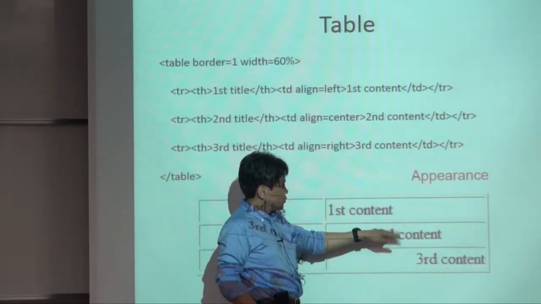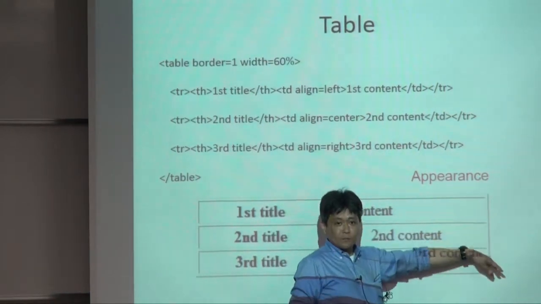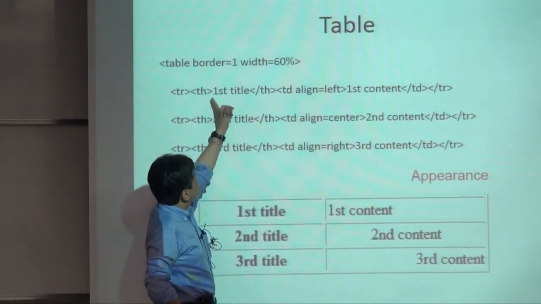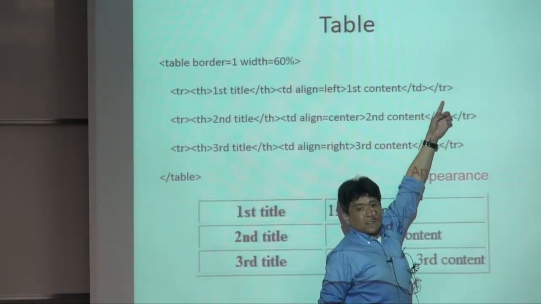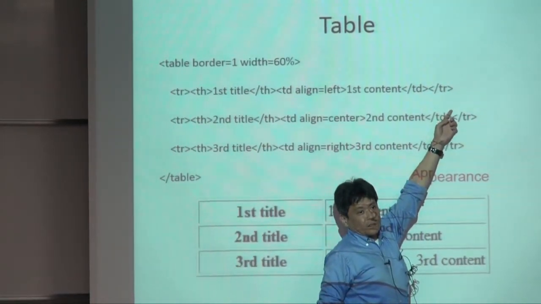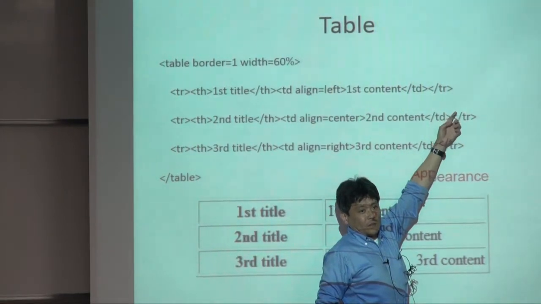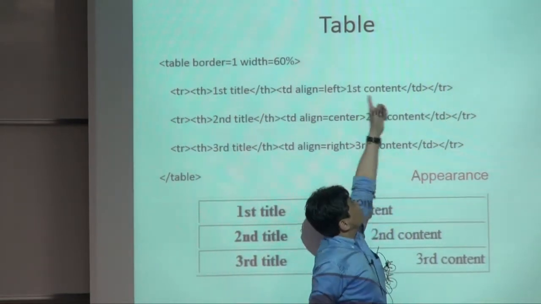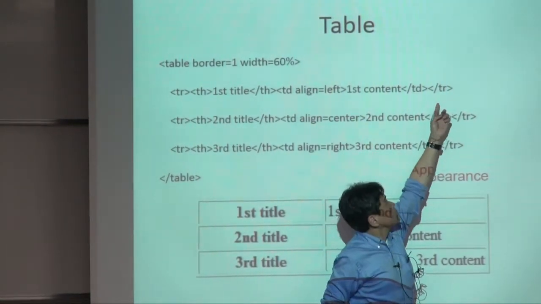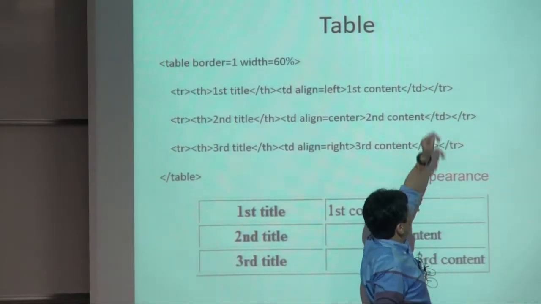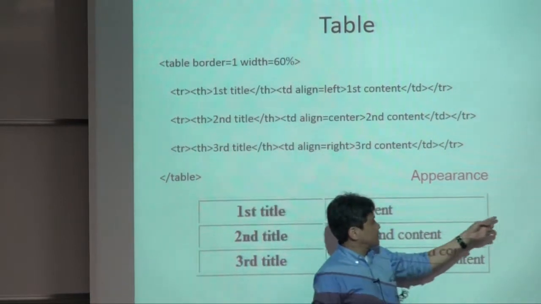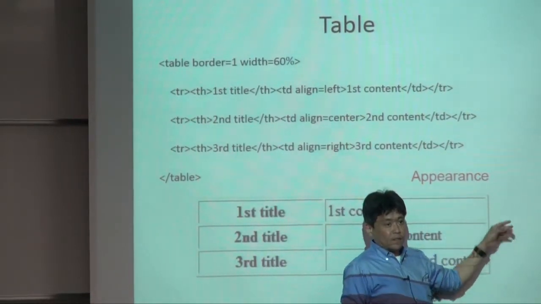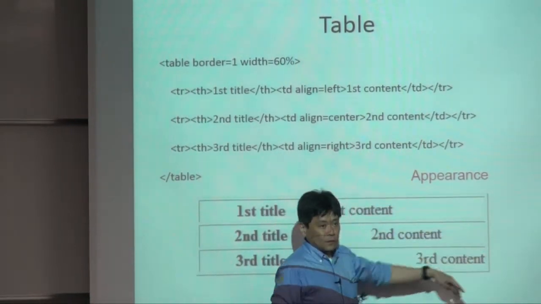So if you want to make 3 columns, you can put one more TD tag here. If you put one more TD tag in this position, the corresponding data will appear as the 3rd column. Okay.